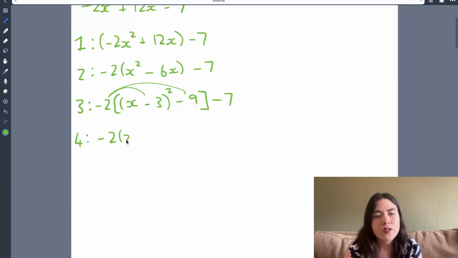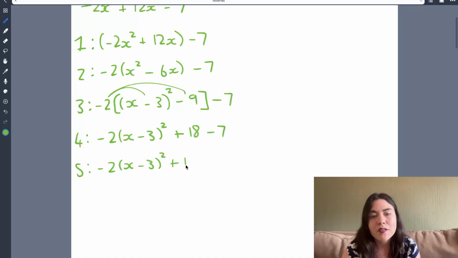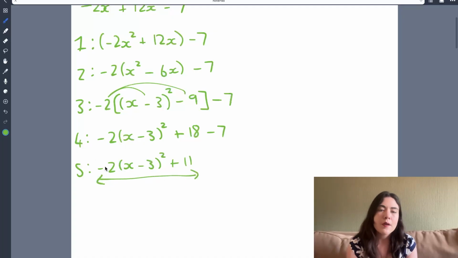So we have negative 2x minus 3 squared plus 18 minus 7, and then we can consolidate the terms. So we have x minus 3 squared plus 18 minus 7 gives me plus 11. And again, you can move this number to the front, but for now, I'm just going to leave it. All right, that's version 2 and 3 combined.